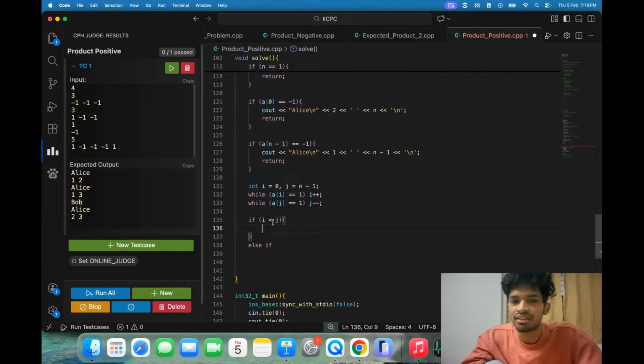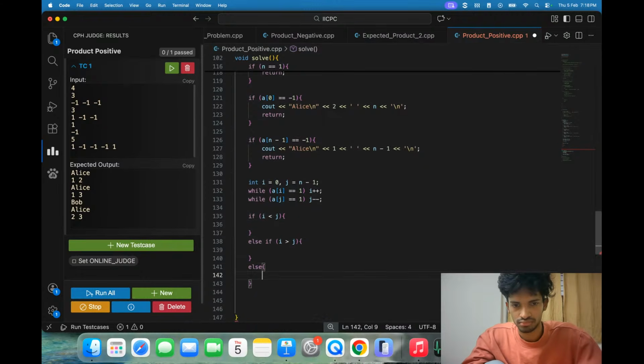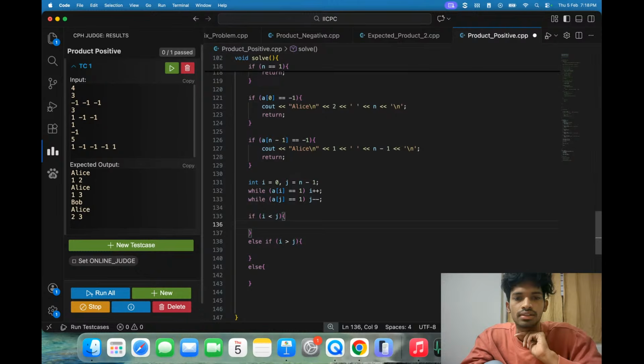Or let's make if i equals j separate, and then else if. I don't know what looks cleaner. If i less than j, it means this side is smaller, right? That side is bigger. So what do we do?